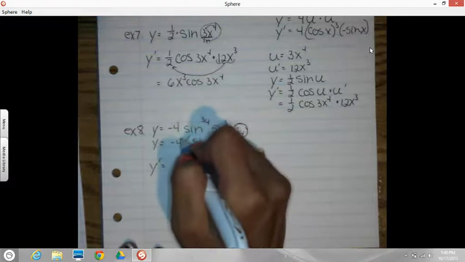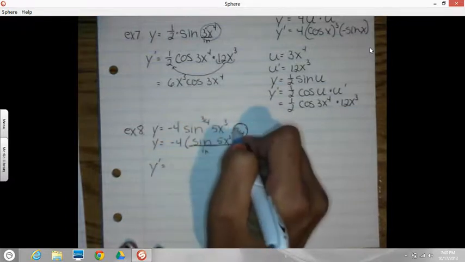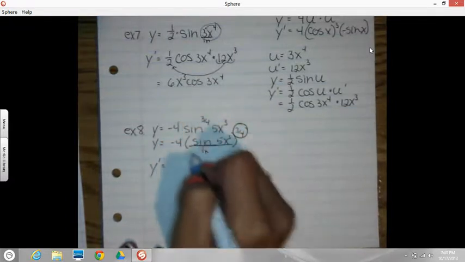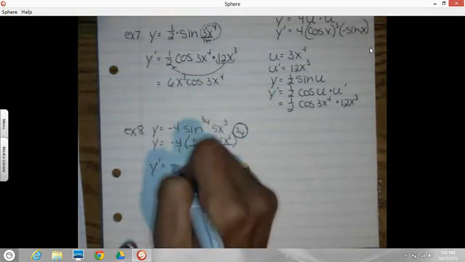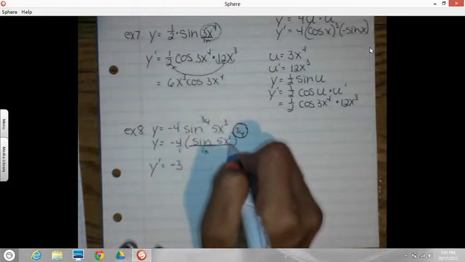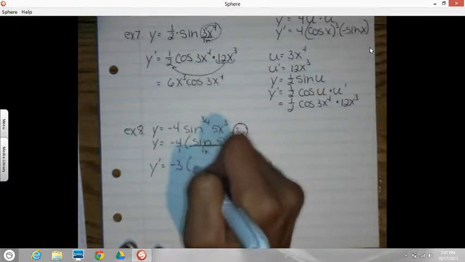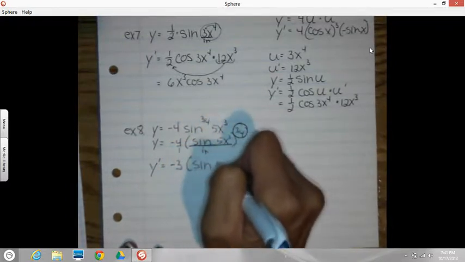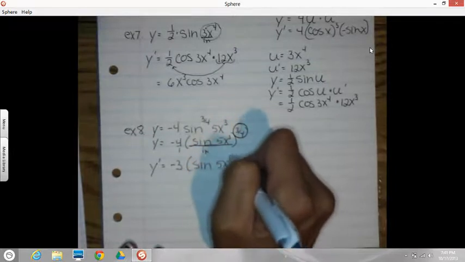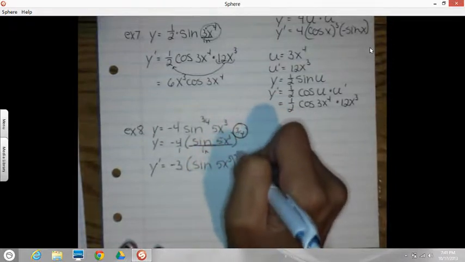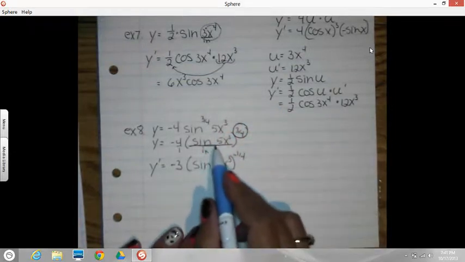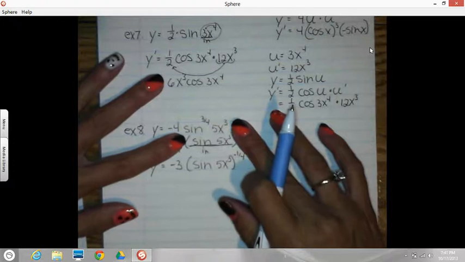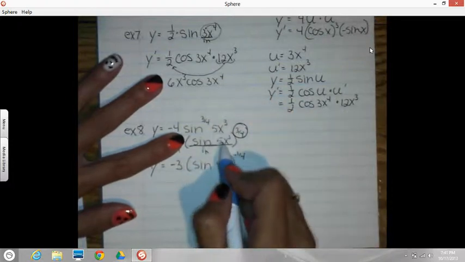3/4. So I've got the negative 4. Well, I'm going to multiply 3/4 times the negative 4. Think of that as 4 over 1. The 4s are going to cancel. Negative 3. The inside stays the same to one less power. Subtract 4/4. That's negative 1/4. Now I've got to do the derivative of the inside. Boy, but when you take a look at the inside, there's sine, and then there's another inside.